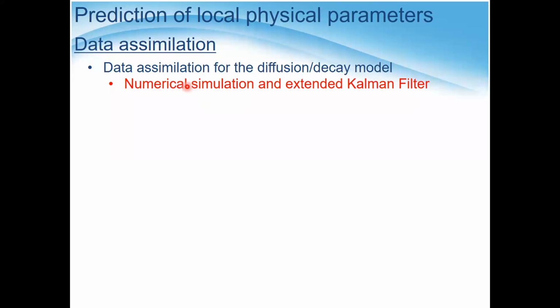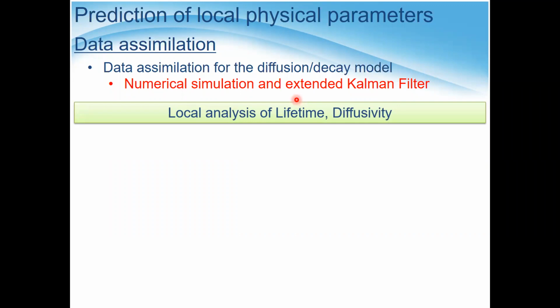In the data assimilation, we use a diffusion decay model and combine the numerical simulation and Kalman filter. Every step we can obtain the data and then calculate the model. They are adjusted to obtain the recovery signal. And during this process, we can obtain the lifetime and the diffusivity.